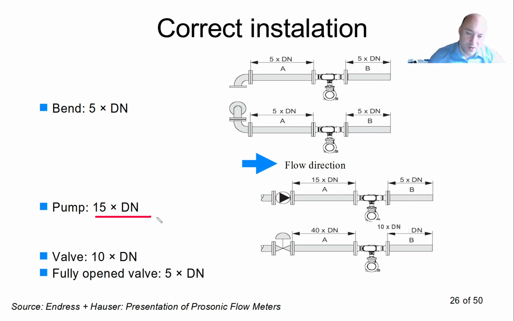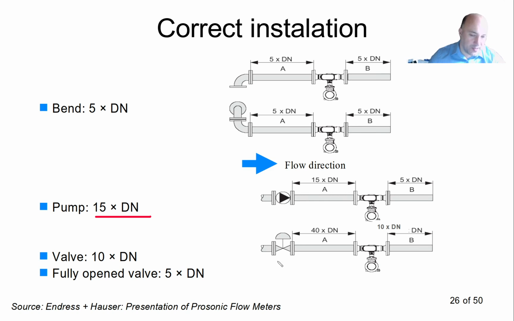If, for example, you have a pump, then we need a longer section to allow the flow to stabilize itself, and here we have 15 pipe diameters. If we have something like a fully opened valve, that might be about 10 or 5 times.